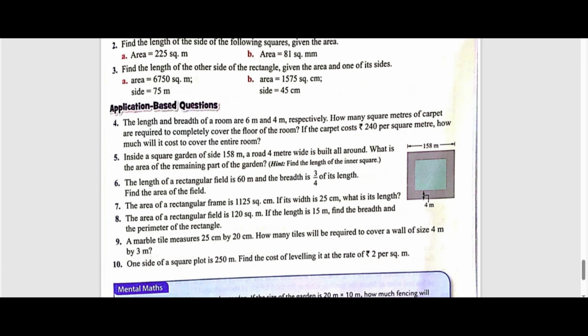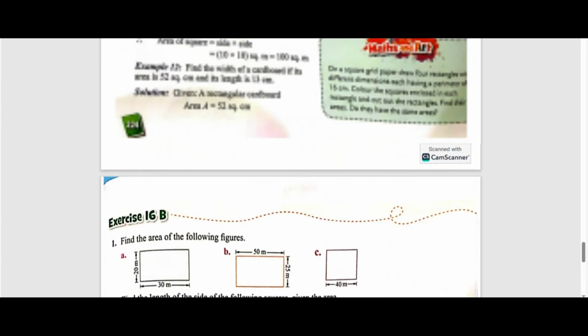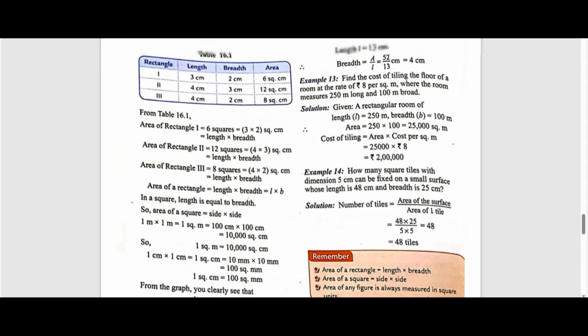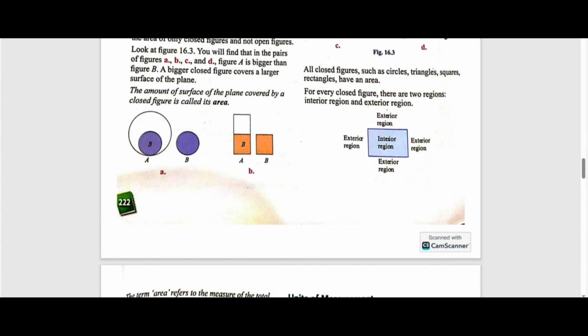We have to find the area of the inner square. So first you have to find the inner square and then the outer square. Do we have any formula in which they mention the inner and the outer? I think they do. Look here, they give you the interior and the exterior region.